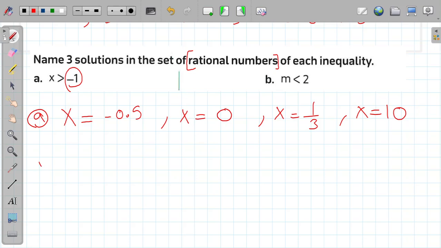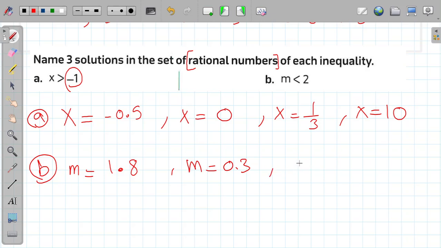Okay, next I have m less than 2. M less than 2. So I want rational numbers that are less than 2. So maybe I have 1.8. Okay, maybe I have 0.3.